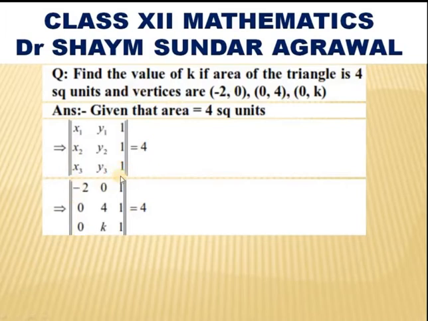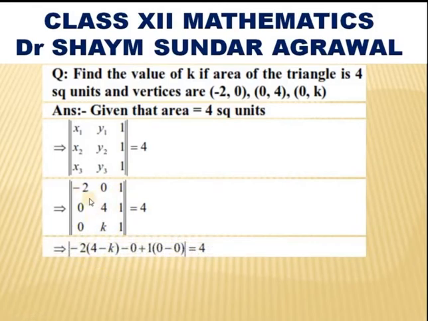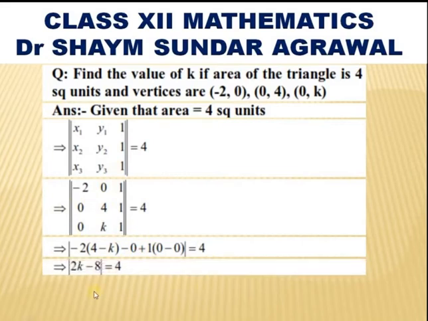So the determinant of minus 2, 0, 1, 0, 4, 1, 0, k, 1 is equal to 4, or minus 2 into (4 minus k), minus 0 into something, plus 1 into (0 minus 0) is equal to 4. Or you can say the modulus of 2k minus 8 is equal to 4.